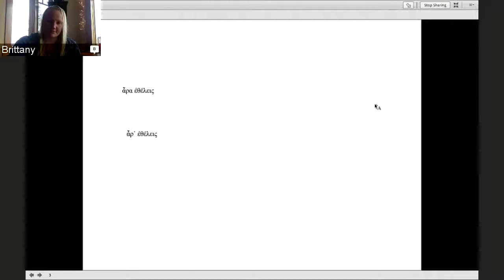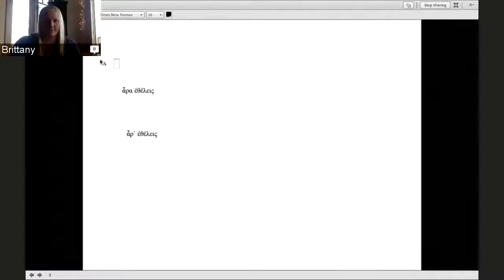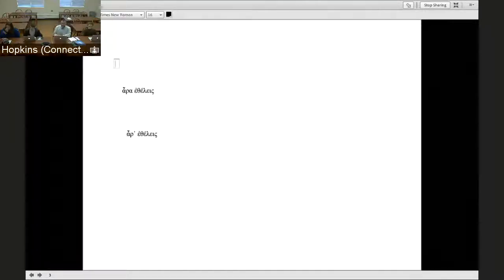I'm not sure if that's in that position. So this epsilon doesn't have a rough breathing. Okay, so it's only aspirated if there's a rough breathing. Exactly. And actually, you only aspirate a consonant when you can, not with a rho. Rho doesn't really get aspirated like some other things can.